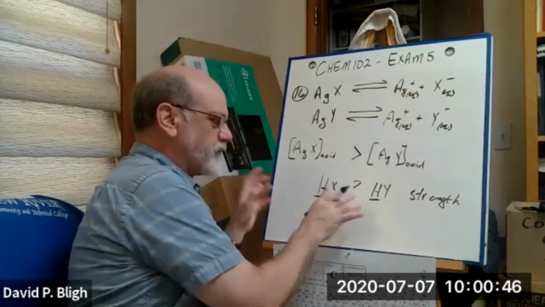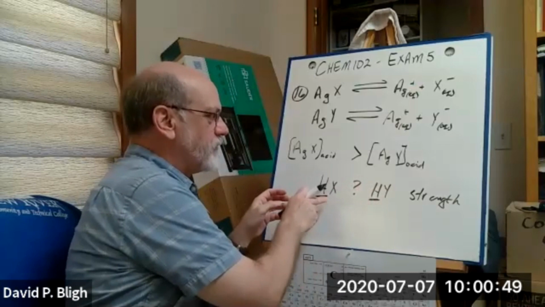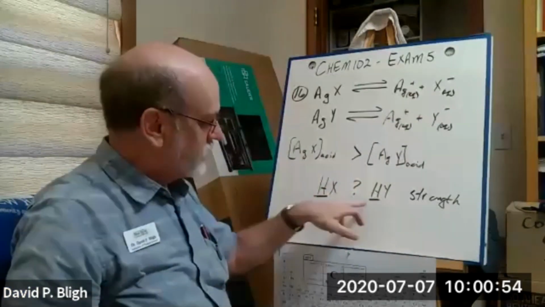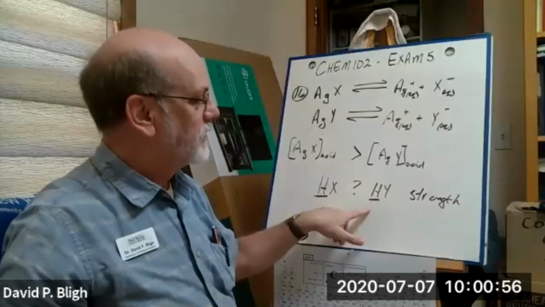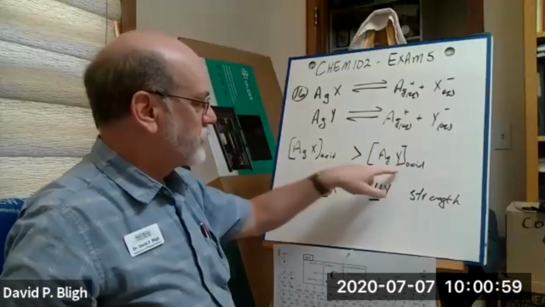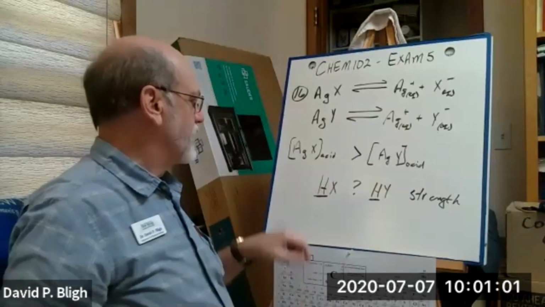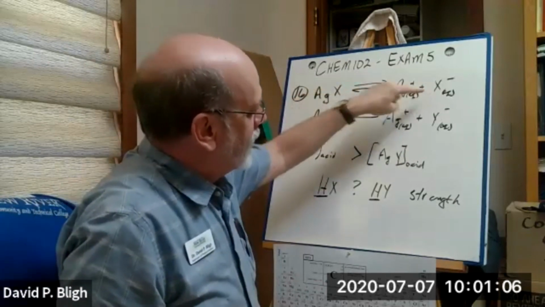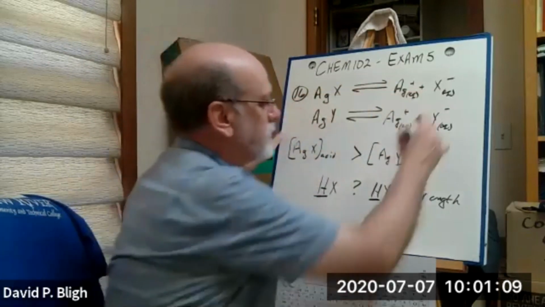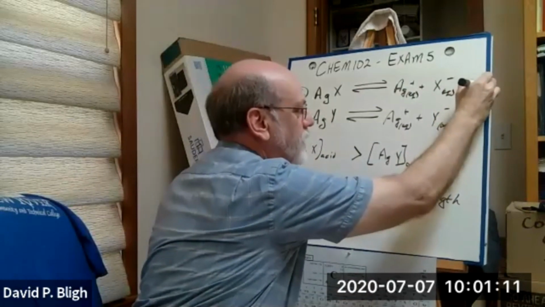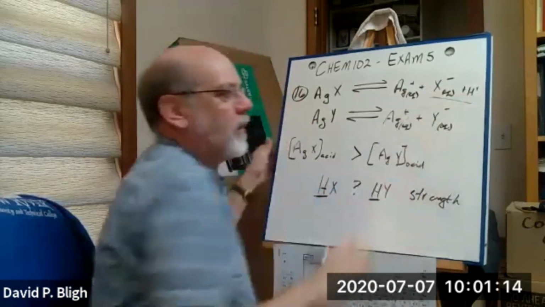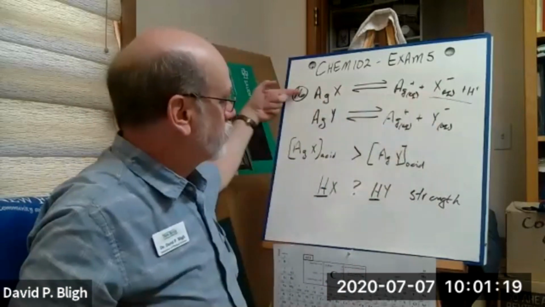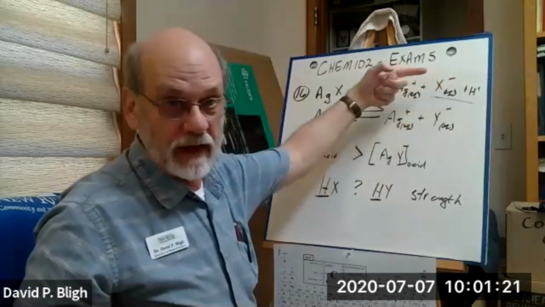So if they're both strong acids, then the hydrogen does not interact with either one of those. If that were the case, then this would not be true. But if this one is more soluble in acid, that means that the hydrogen ion interacts with this one much more strongly to remove that from solution and drive the reaction that way, right?